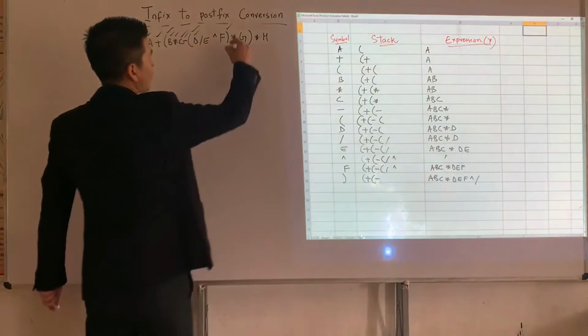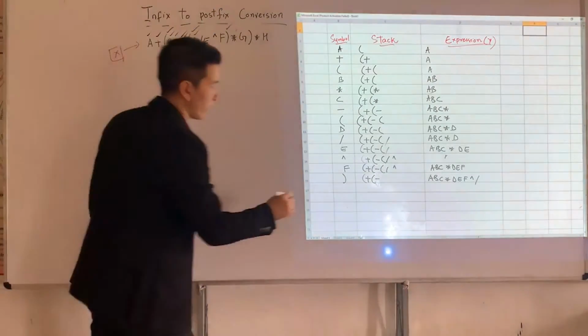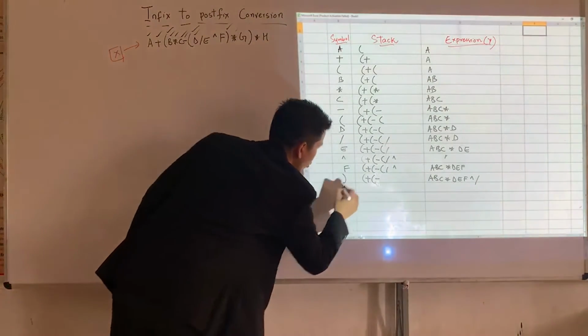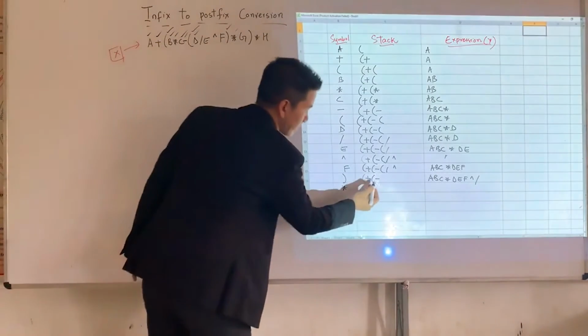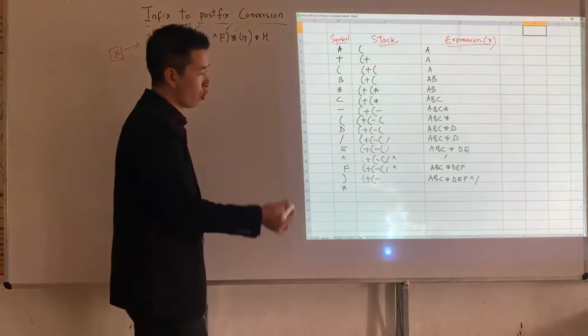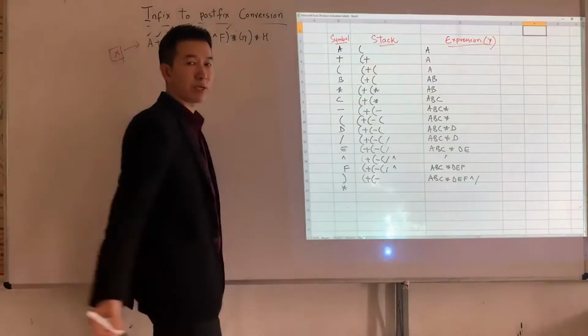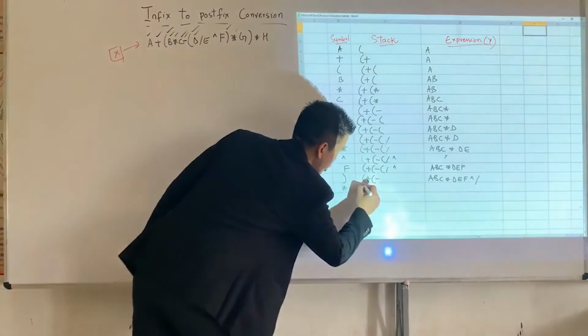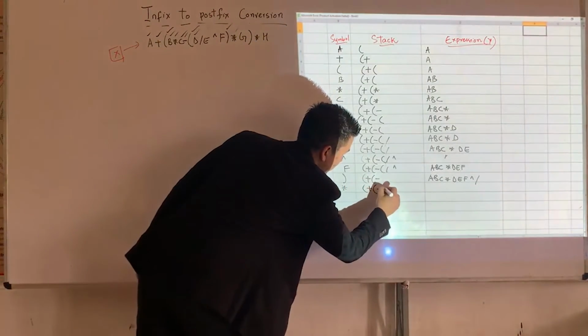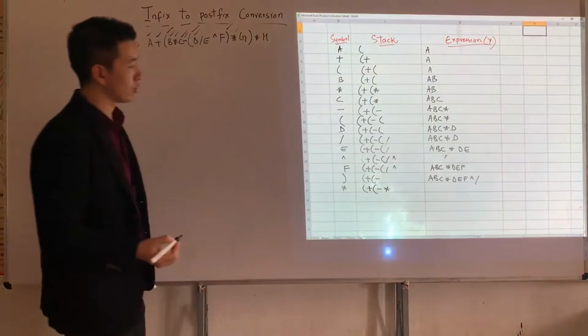Okay, up next is we have the multiplication sign, right? You have this multiplication sign, and since minus has a lower precedence level than this multiplication sign, there won't be any change as such, so you can directly push the multiplication sign.